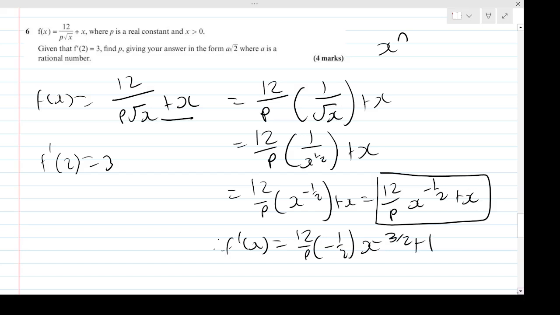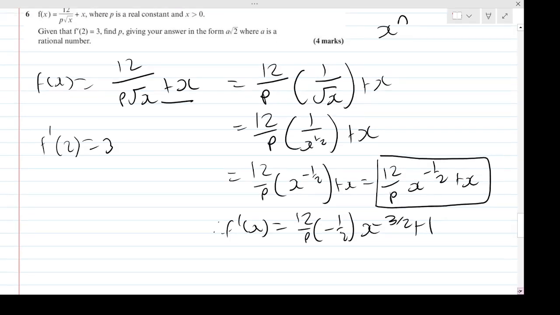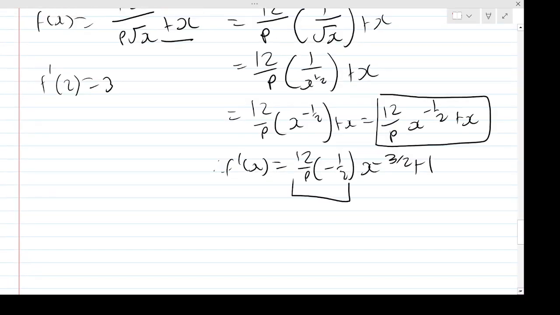And there we are. Then we can sort of simplify, right? We can simplify this fraction. Now we don't know p, but we know that this is 12 over p times by minus 1 over 2. That would be minus 12 over 2p.